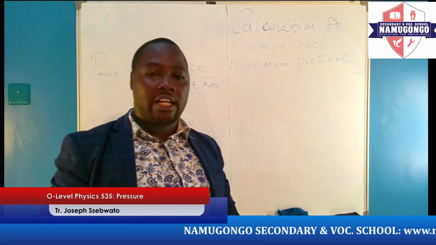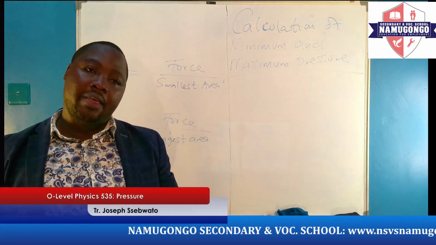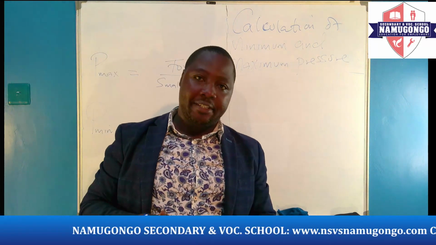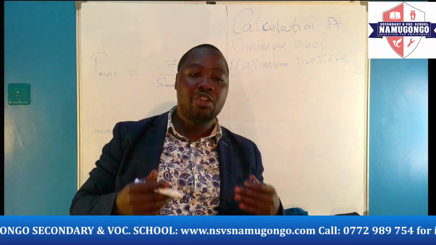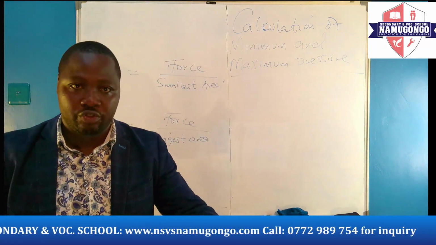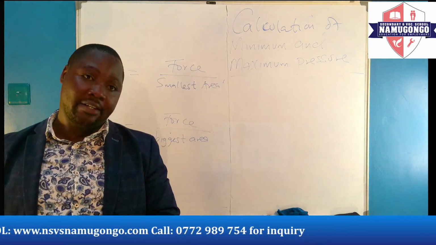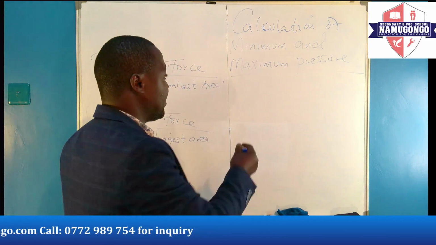So long as we know the weight or the force acting, and we also know the size of the object on which it is being acted on. For example, it can be a box, as an example you are seeing there.